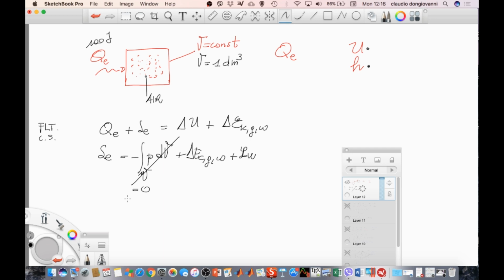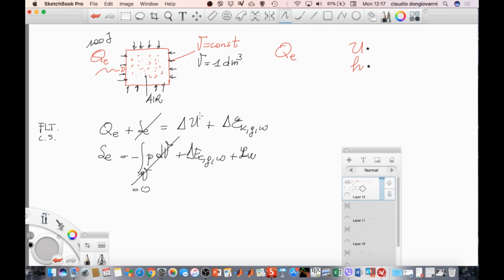But LE is the work done by the external forces. Okay, where are the external forces? Here. Does the system change its volume? No, because it's undeformable. Okay? So LE is equal to 0.